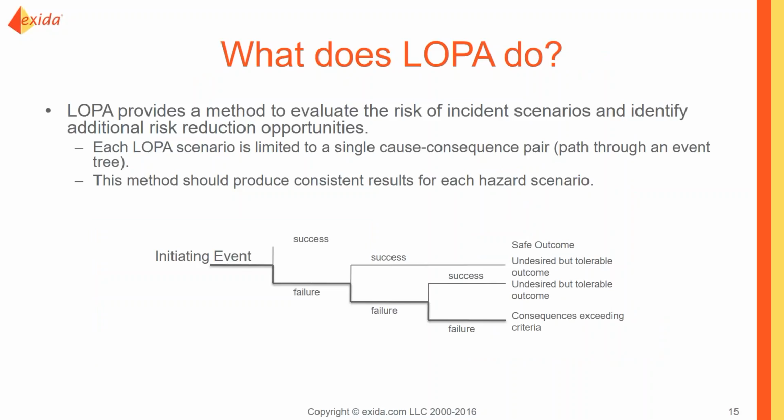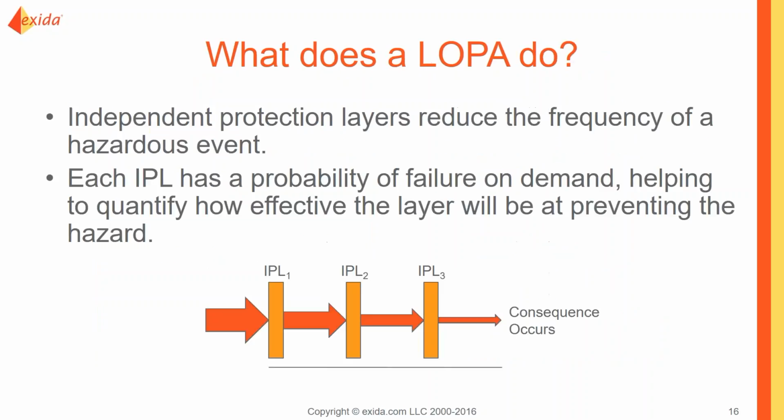So your LOPA provides a method to reduce accident frequency to something less than your initiating frequency. This method should produce consistent results for each hazard scenario. Here we want to emphasize how each protection layer reduces the frequency of the hazard event. We call these independent protection layers, or IPLs.